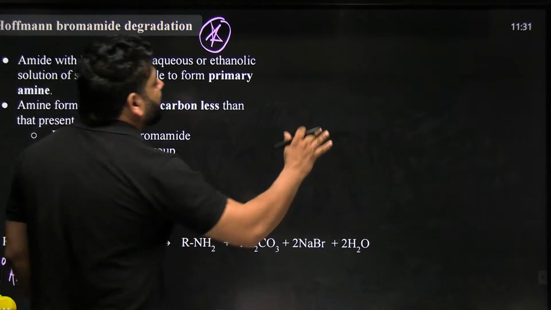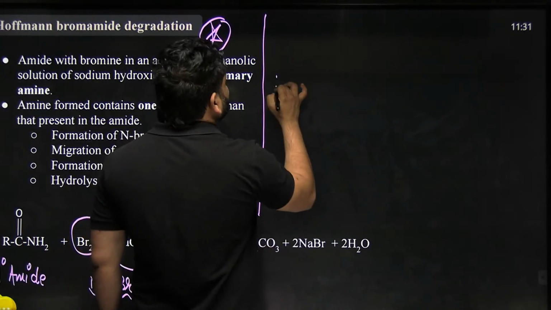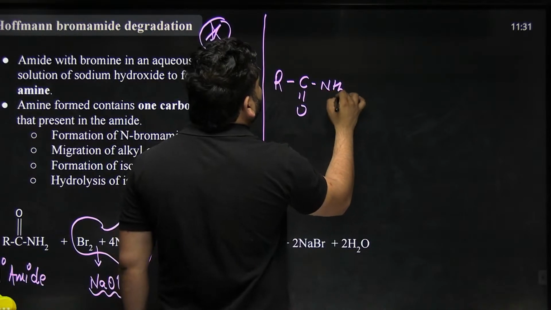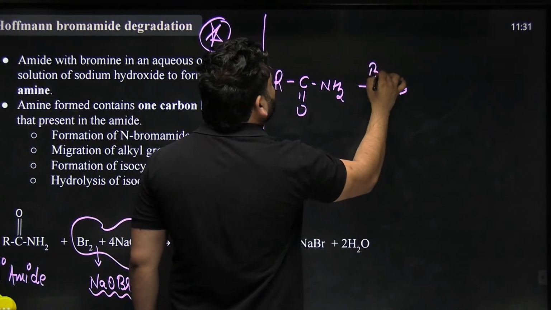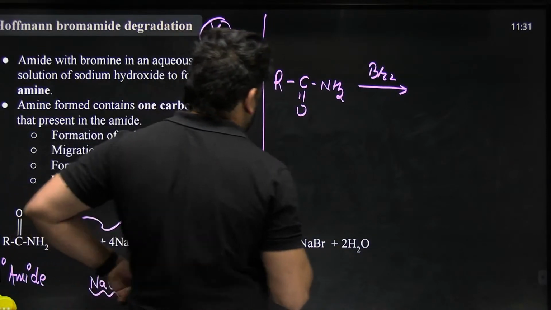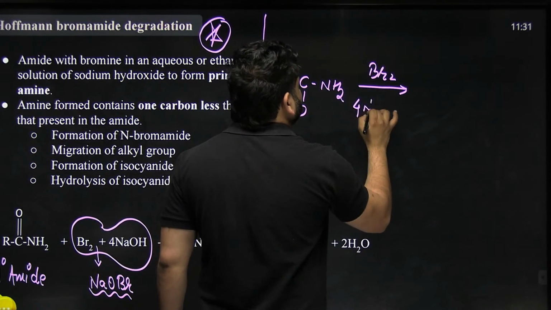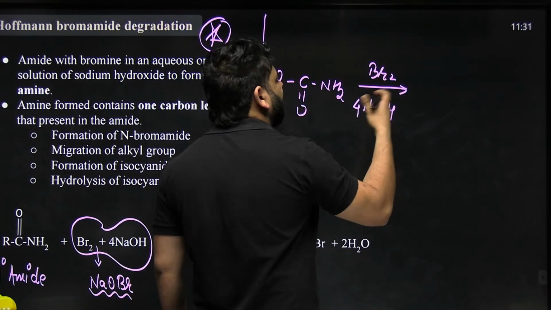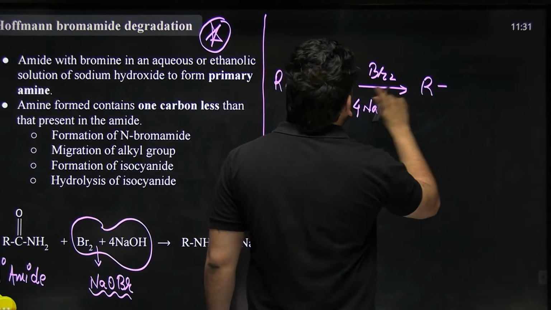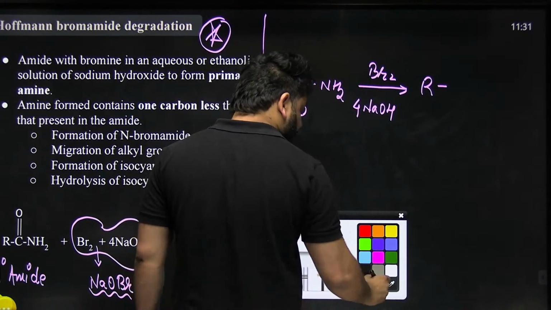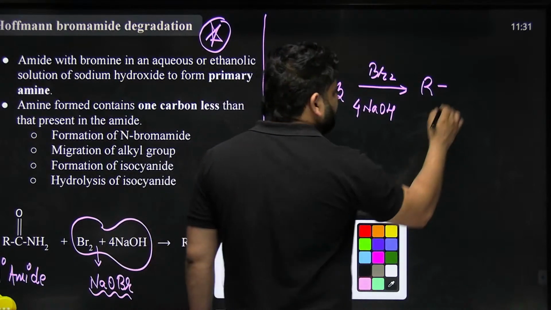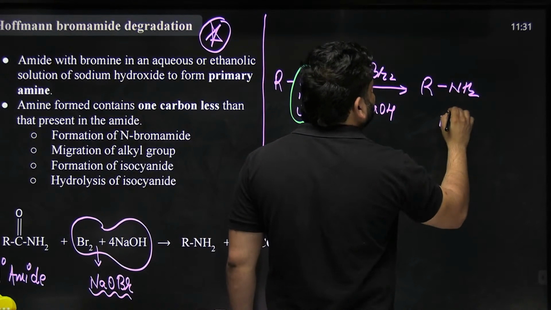Let me give you one simple part of this reaction: RCONH2, which is a 1 degree amide, when reacted with 1 mole of bromine and 4 moles of NaOH. That's all it takes, and sometimes it is asked also, it's 1:4 by the way. Just remove this group of C double bond O and form RNH2, which is your 1 degree amine.